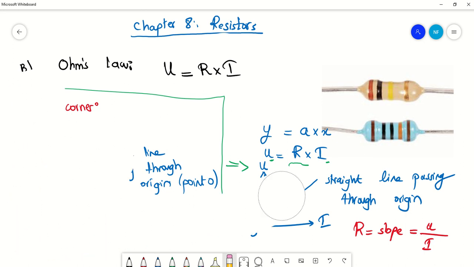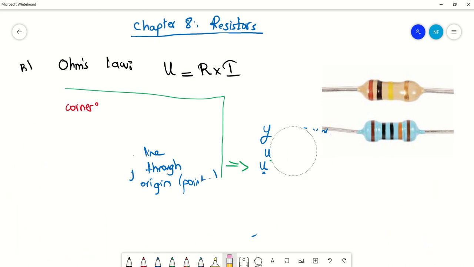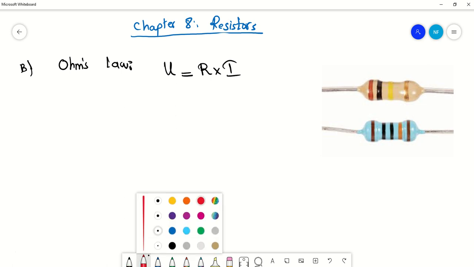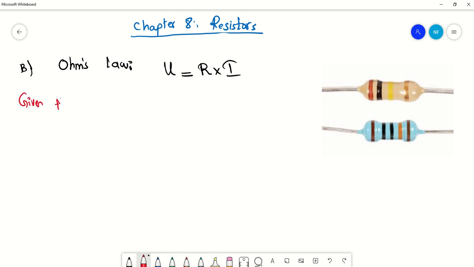We're still under the same title, which is Ohm's law. Let's see. Given the following table, he's asking me to draw the characteristic UI curve.